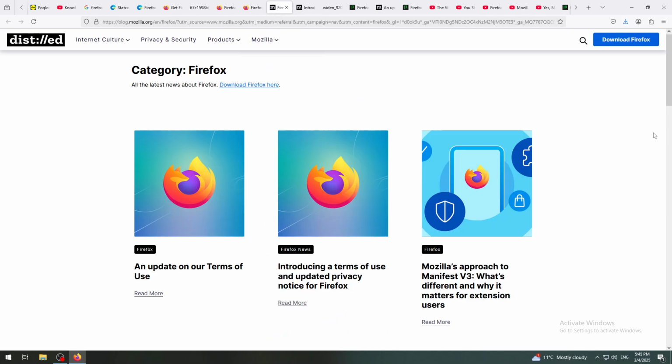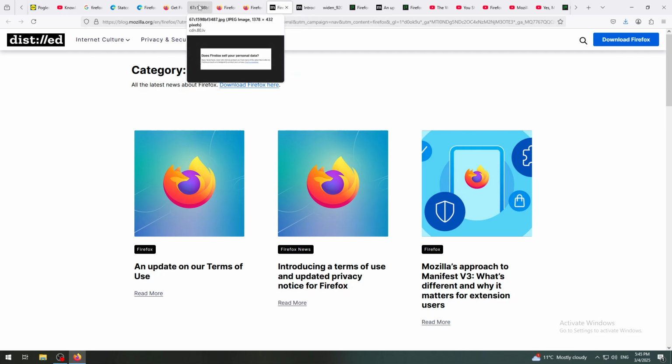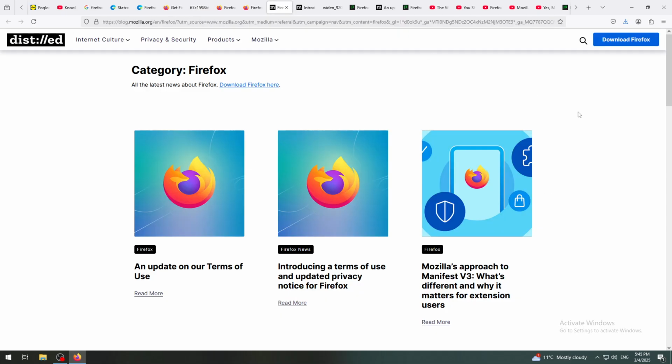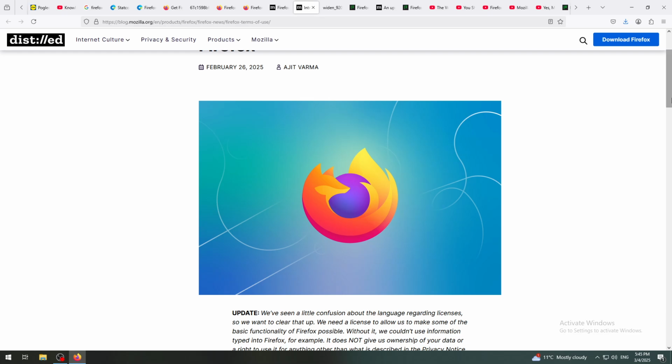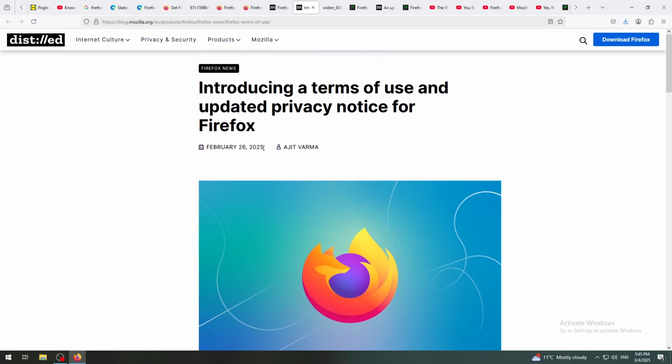The whole problem and the removal of this statement was actually created by the introduction of terms of use, which was made recently, on February 26th. So again, about a week ago.